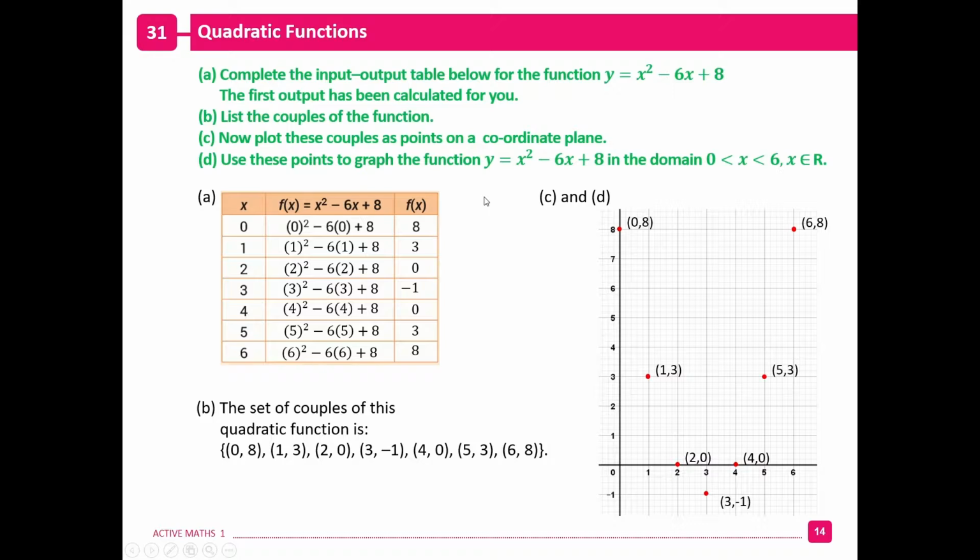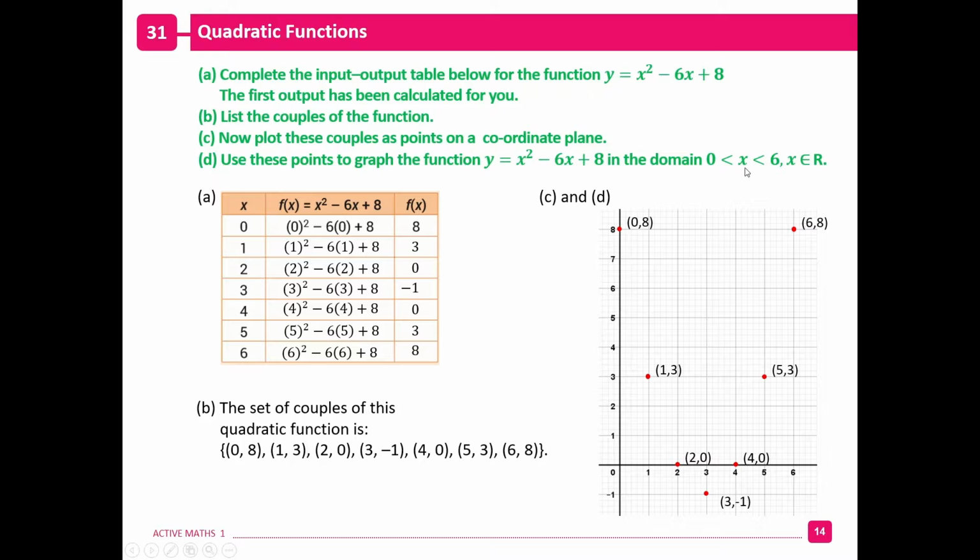Now the only thing left to do then, once we've plotted those couples, is use these points to graph the function. And here we have the function again, which is y equals x squared minus 6x plus 8. And we knew it was a parabola because the x is squared. And we know that y is the same as f of x. And we know that the domain is all the values of x from 0 to 6.